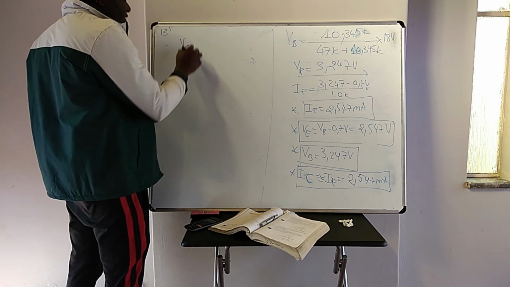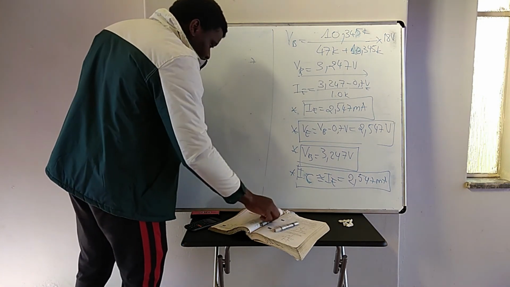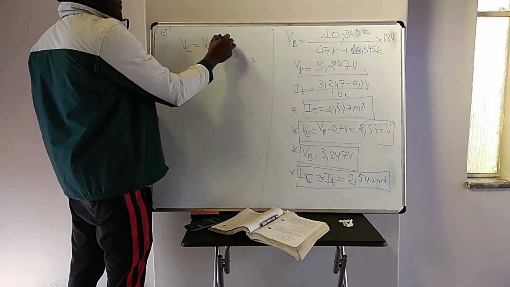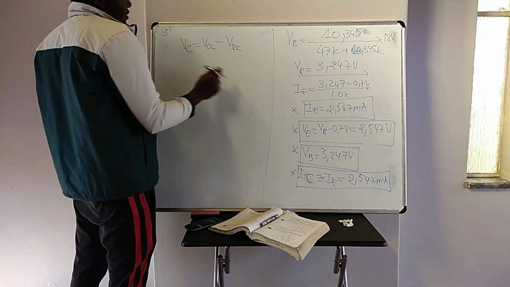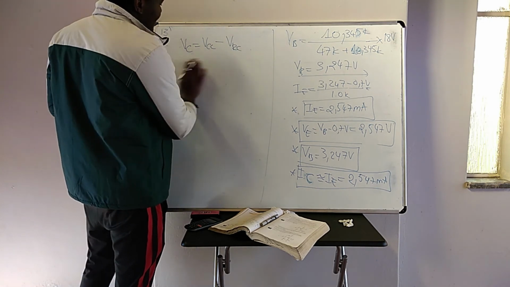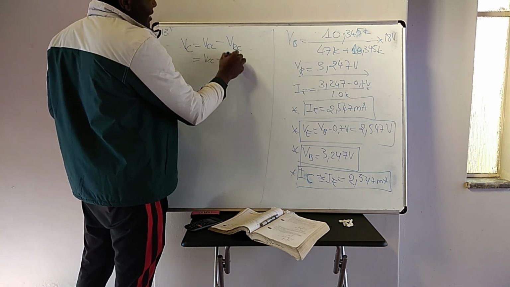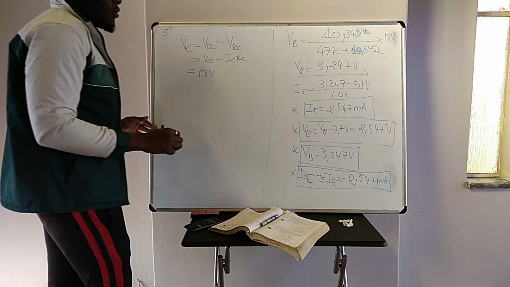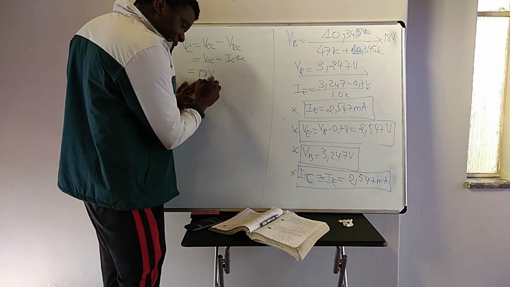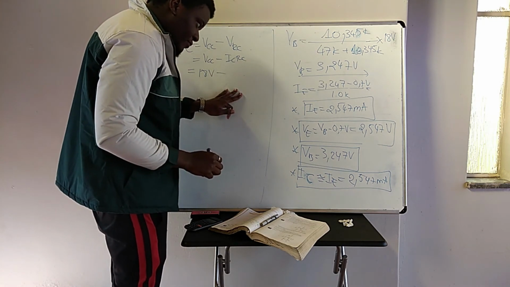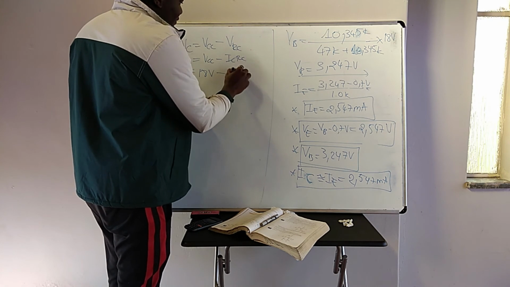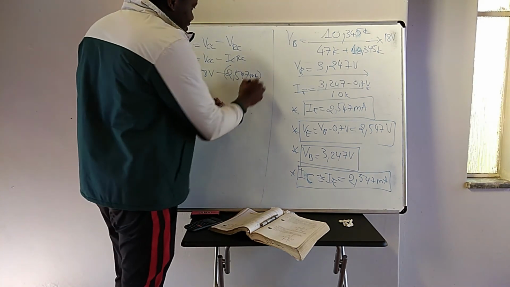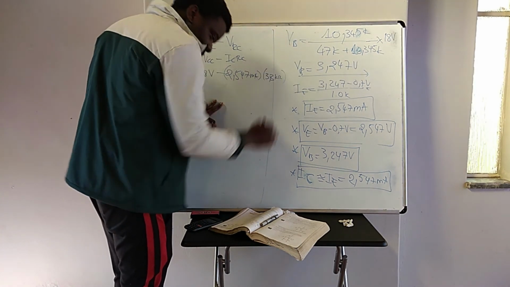So VC, like I was saying, we're going to have our VC, which is VCC minus IC times RC, where VCC is how much? 18 volt. 18 volt minus IC, which is 2.547 milliampere, times RC, which is 3.3K.